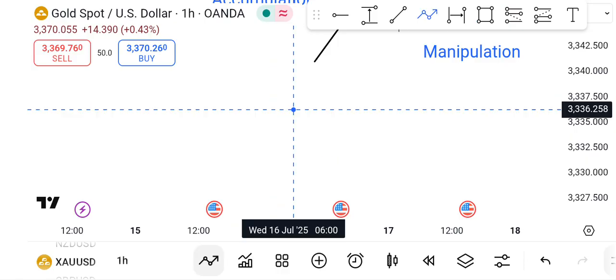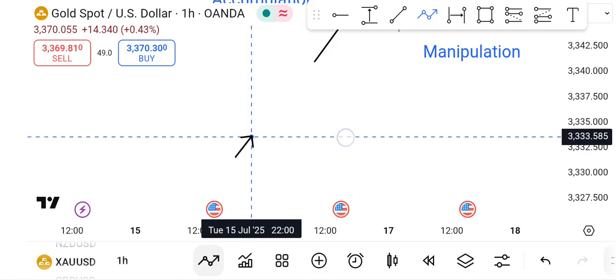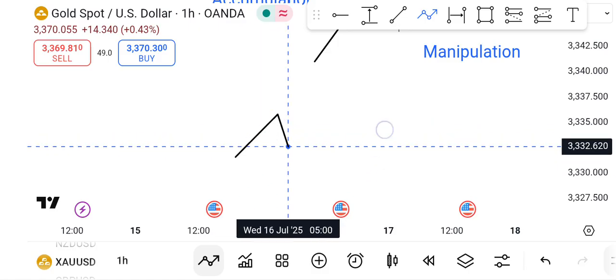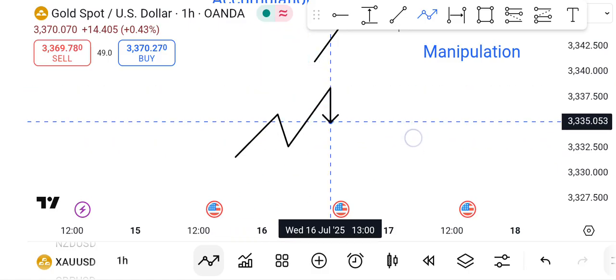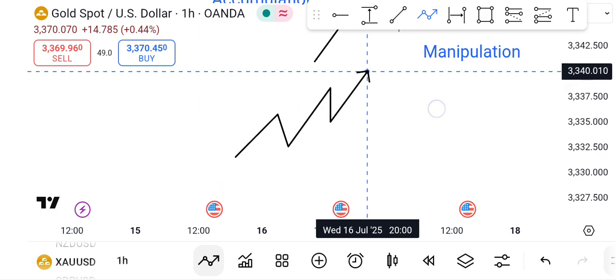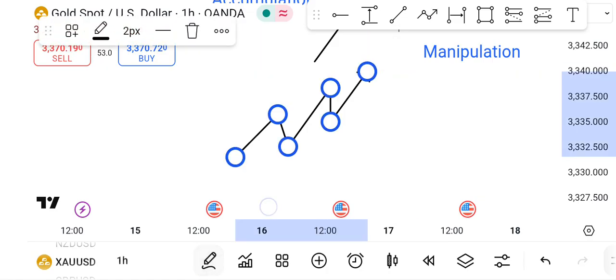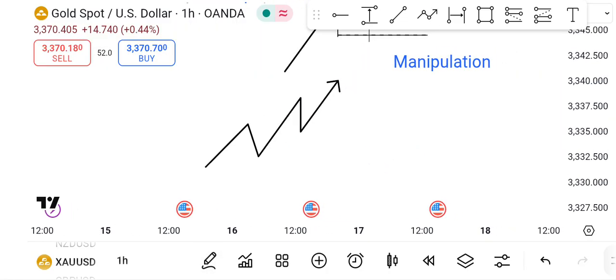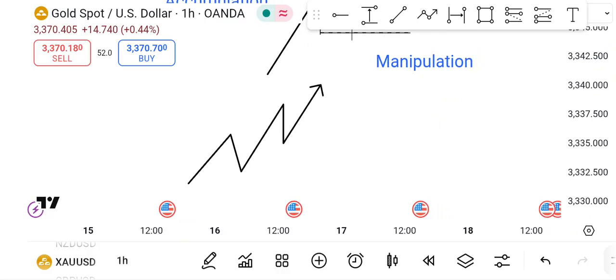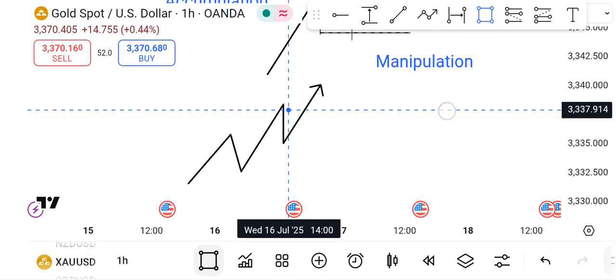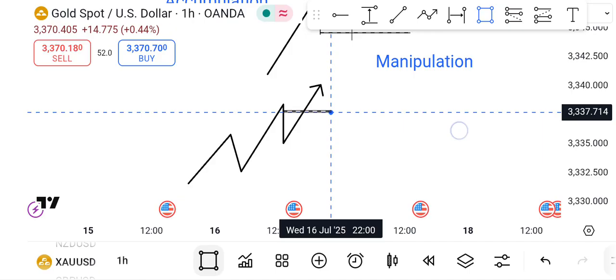So let's assume the market was on an uptrend like that, making higher highs. The market was bullish, and then at some point we had a fair value gap somewhere here.